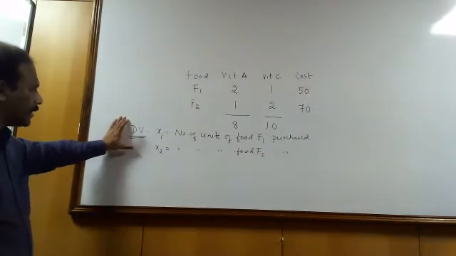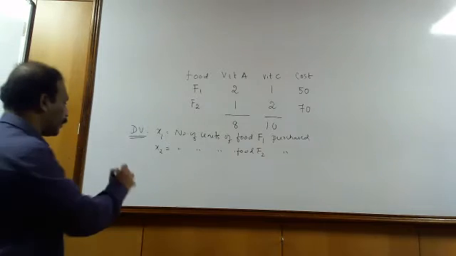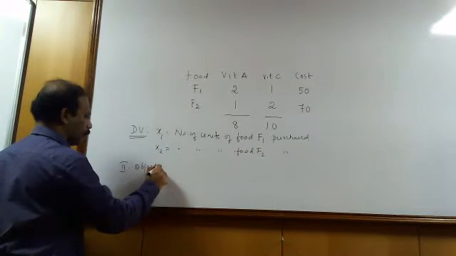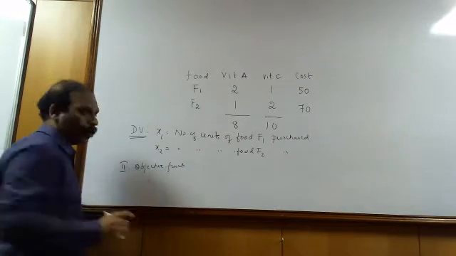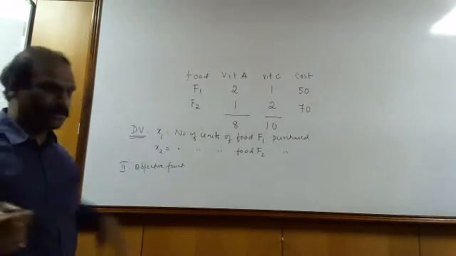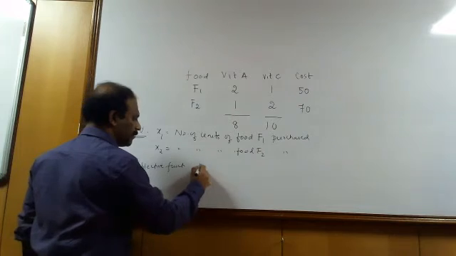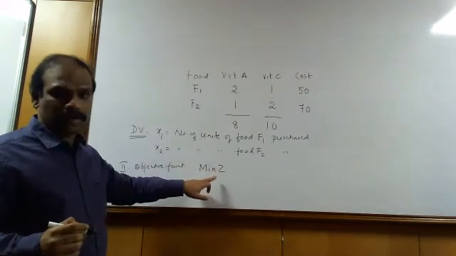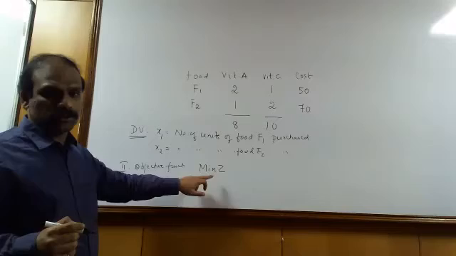Once the decision variable is set, now we'll come to the second step, which is called the objective function. Obviously the objective of this problem is minimization because the cost is given to you. So how do we write the minimization function? For maximization, we'll write max z. If it is minimization, we'll write min z.